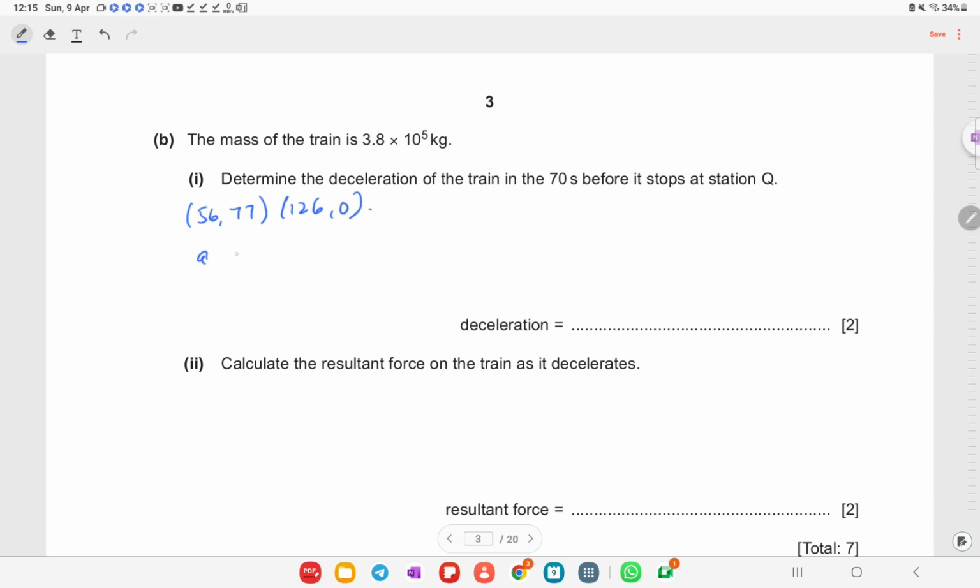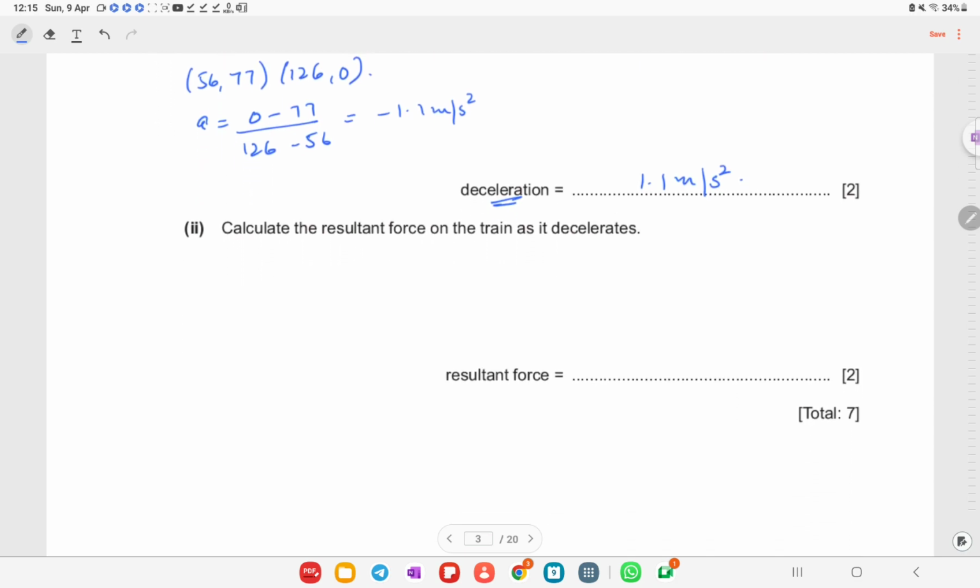If you find these coordinates, you'll find the deceleration by applying the gradient formula: 0 minus 77 upon 126 minus 56, which is minus 1.1 meters per second squared. Since the word is deceleration, you simply write no negative sign, because deceleration means negative acceleration.